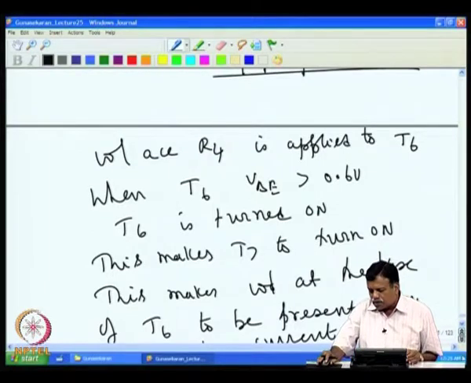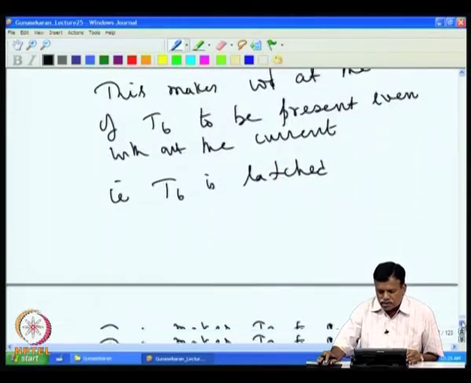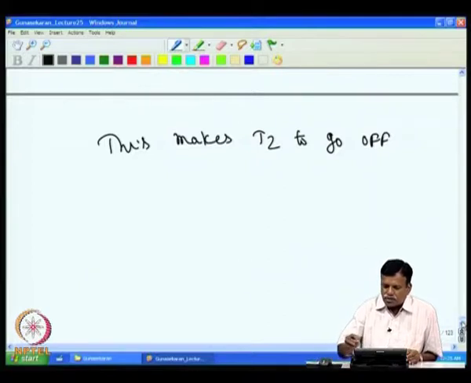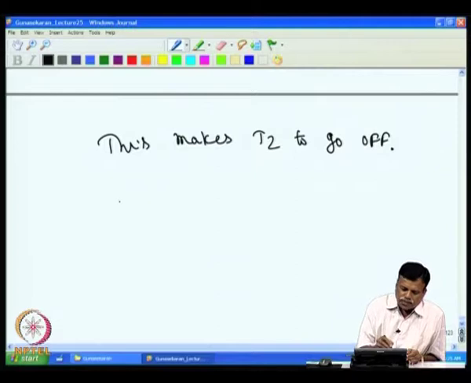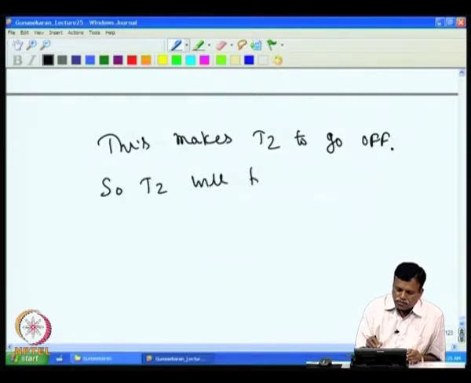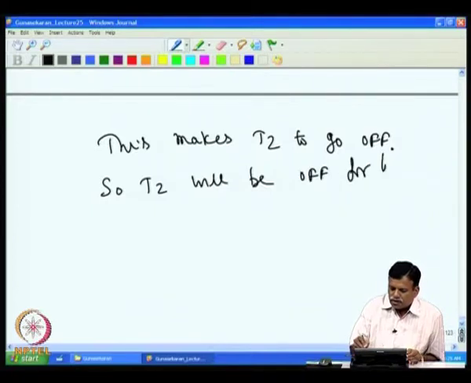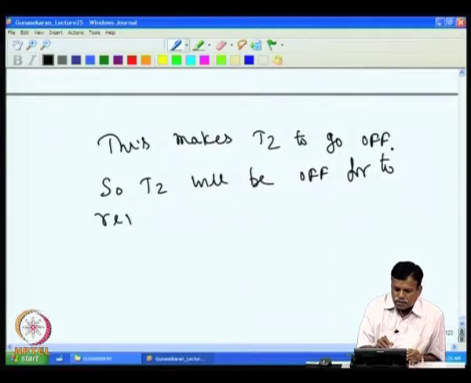That is, once current exceeds this, it makes T2 go off. So, T2 will be off for the remaining period of the pulse.